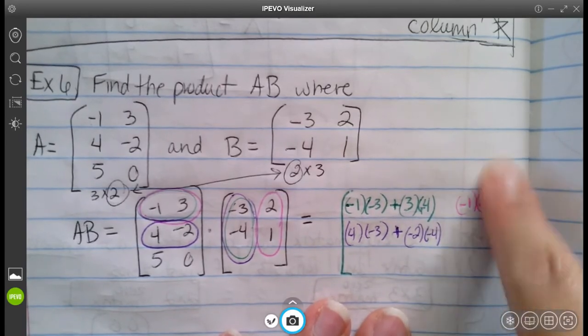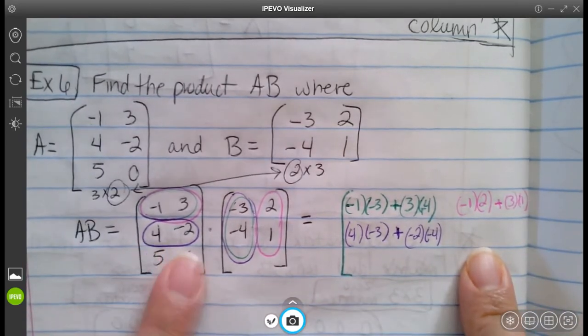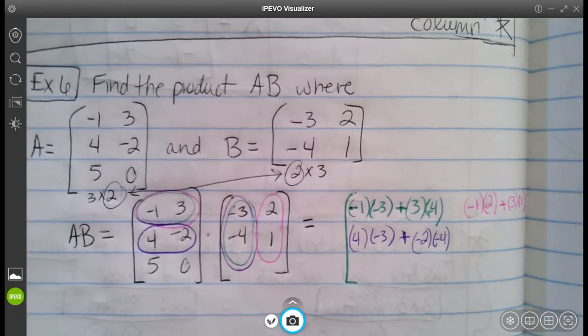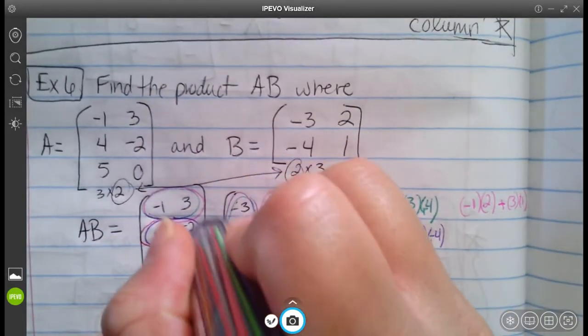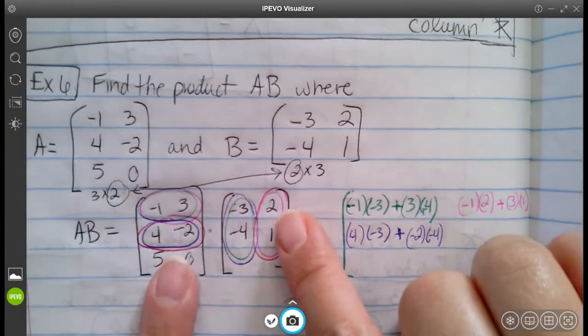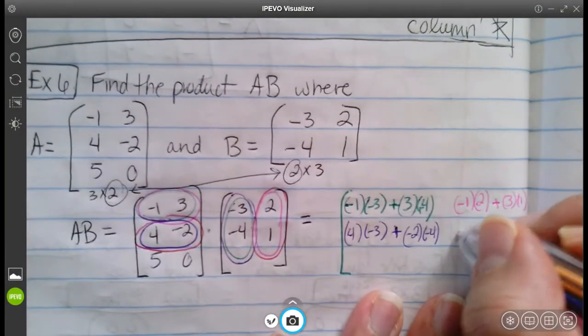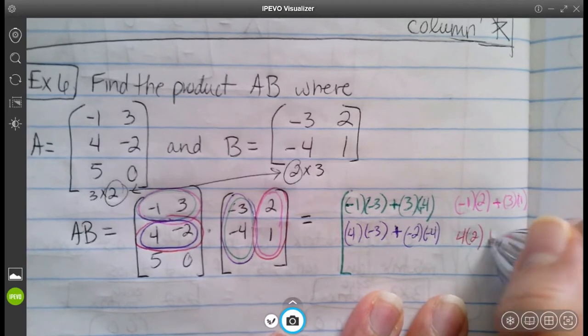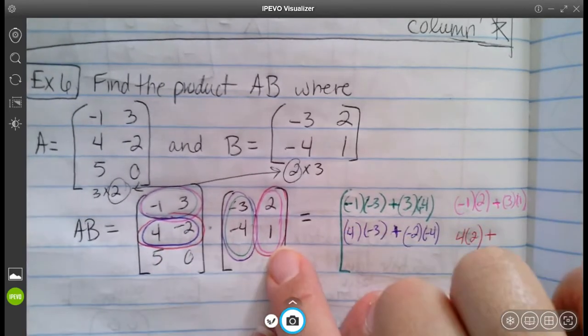Second row, second column. Again, second row, second column. So 4 times 2 plus negative 2 times 1.